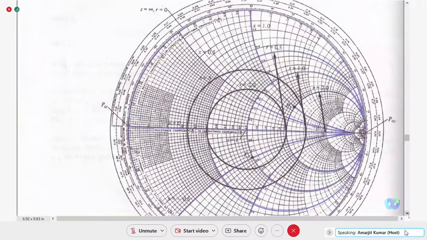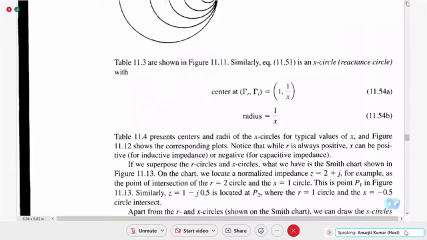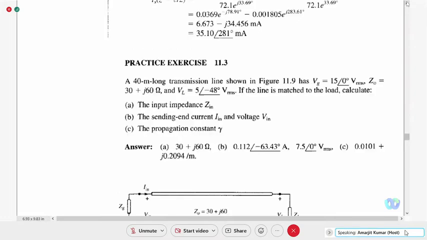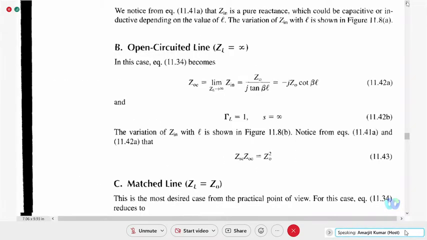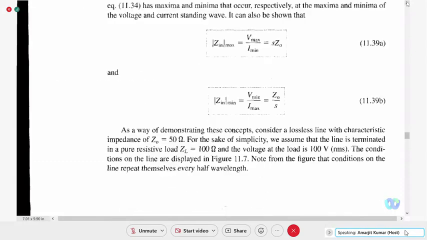If you remember the theory, what is the relationship between maximum and minimum voltage? See here, the magnitude of Z in max, input impedance maximum, is equal to Vmax upon Imin.